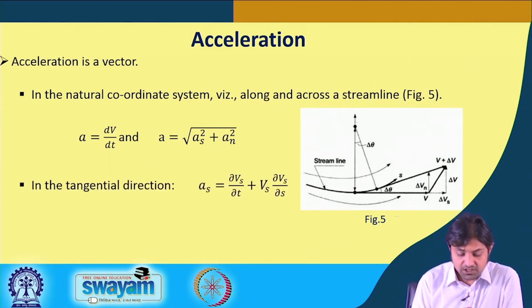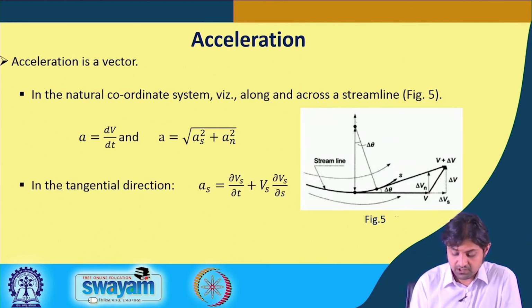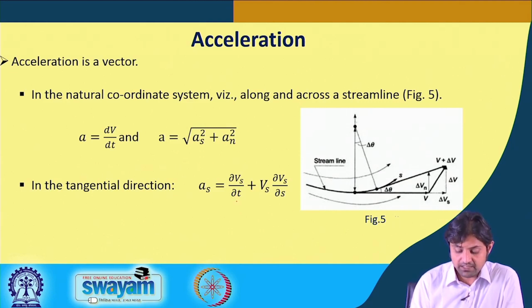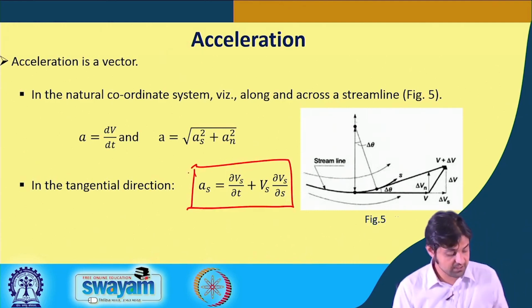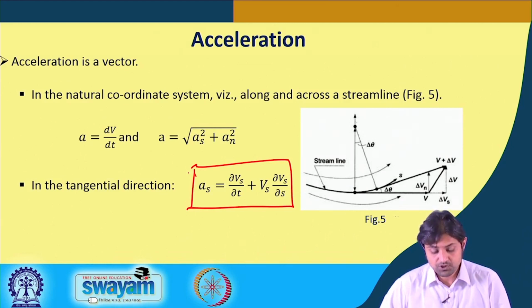So, in the tangential direction, As can be written as del Vs by del t plus Vs del Vs by del s. This you have already derived in your fluid mechanics class. This is the acceleration in the s direction.